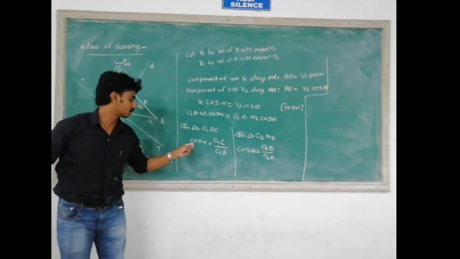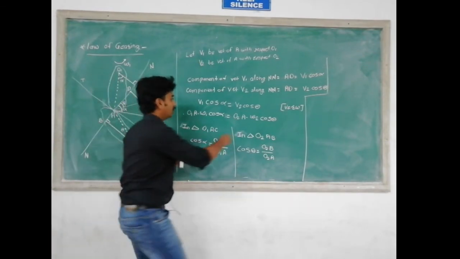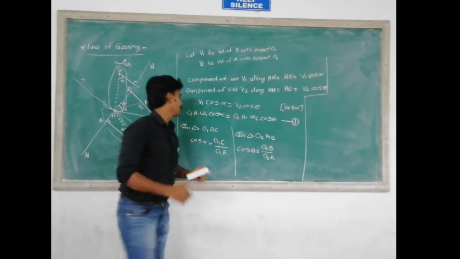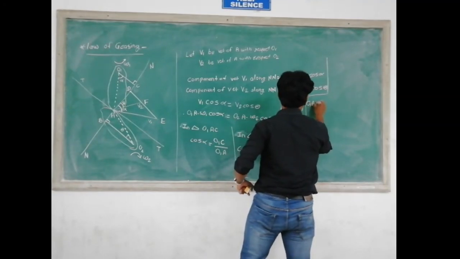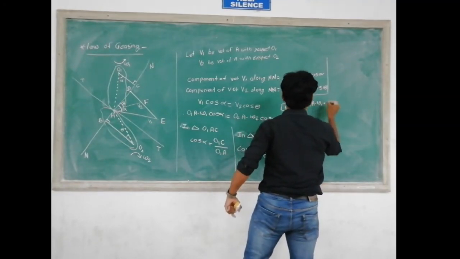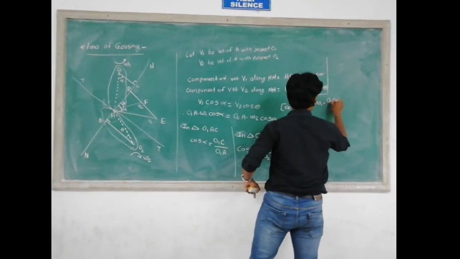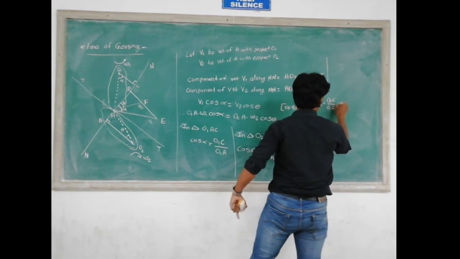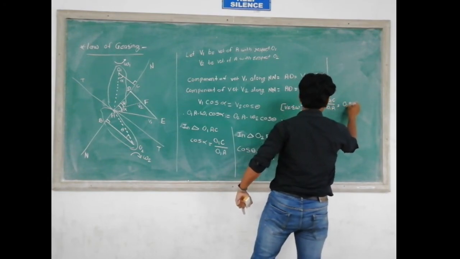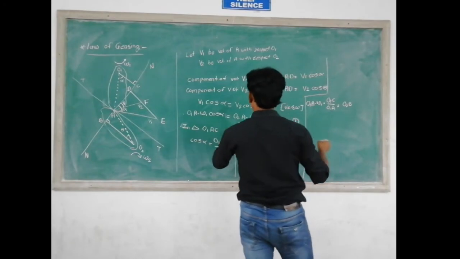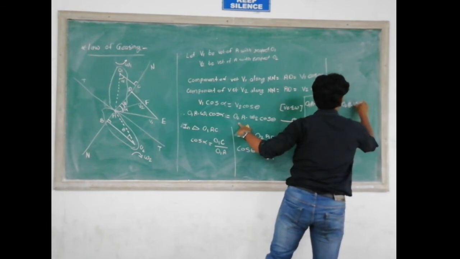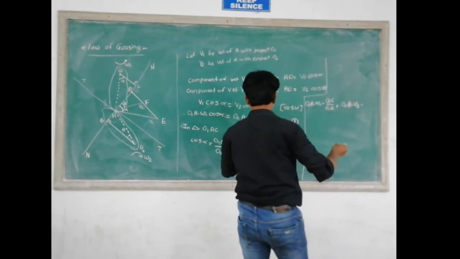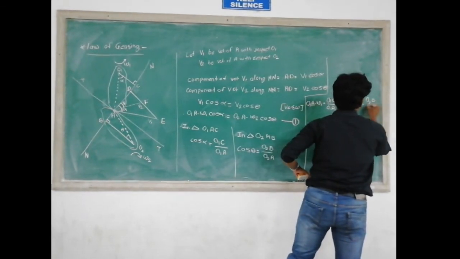If we put the values of cos of alpha and cos of theta in this equation, which we mark as equation 1, we will get O1A into omega 1 into O1C divided by O1A is equal to, V2 is equal to O2A into omega 2 into O2B divided by O2A.